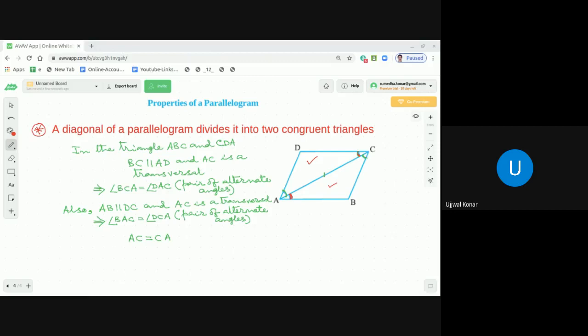From this information, we can conclude that triangle ABC is congruent to triangle CDA, by the ASA rule.